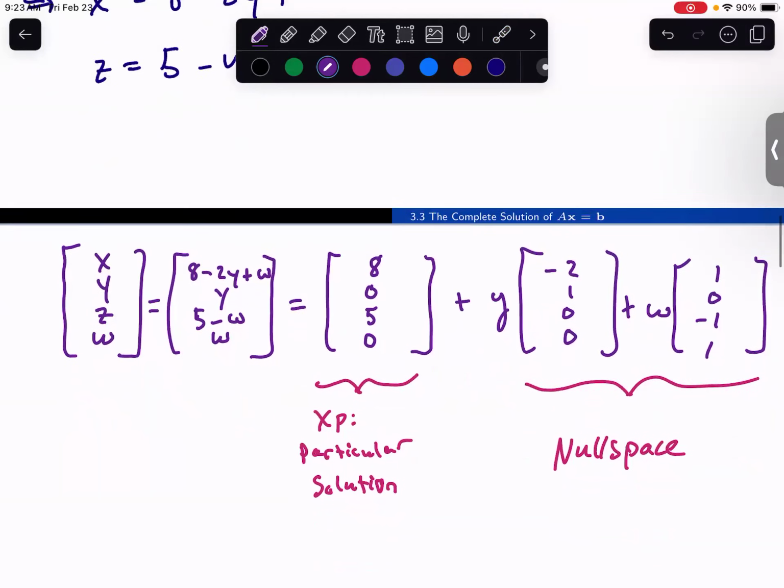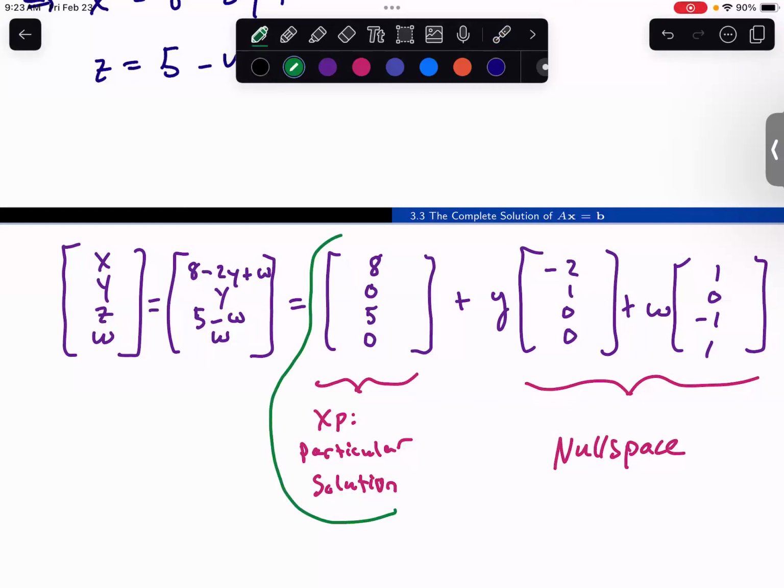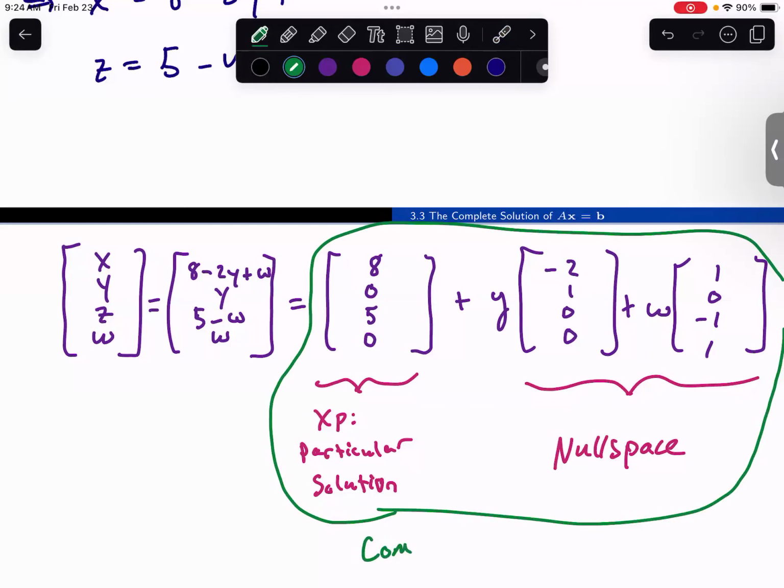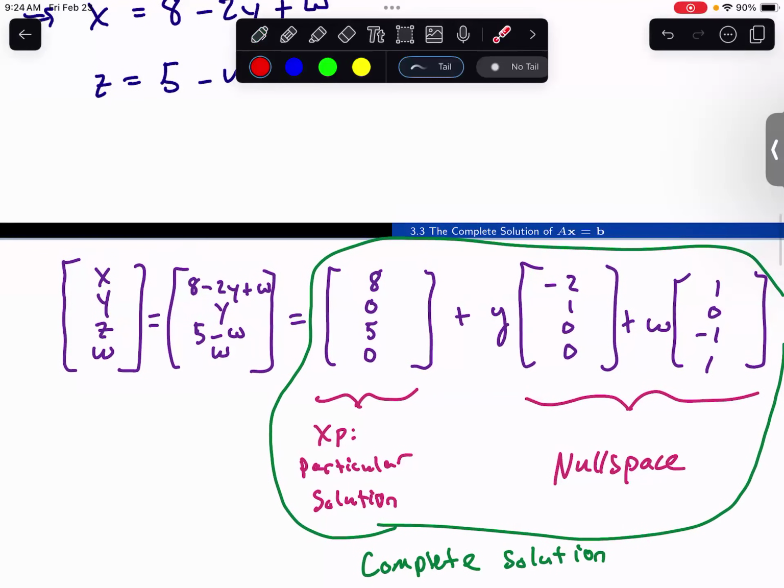So this is what the complete solution is going to be. Maybe this is a little messy, but this is the complete solution, or what it means when it's asking you to find a complete solution. So this whole part came from Wednesday. The only thing that's new is we have this particular solution in front.